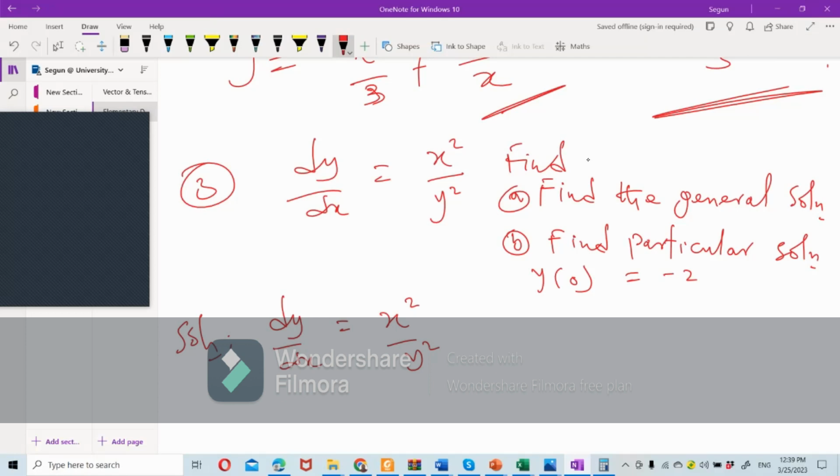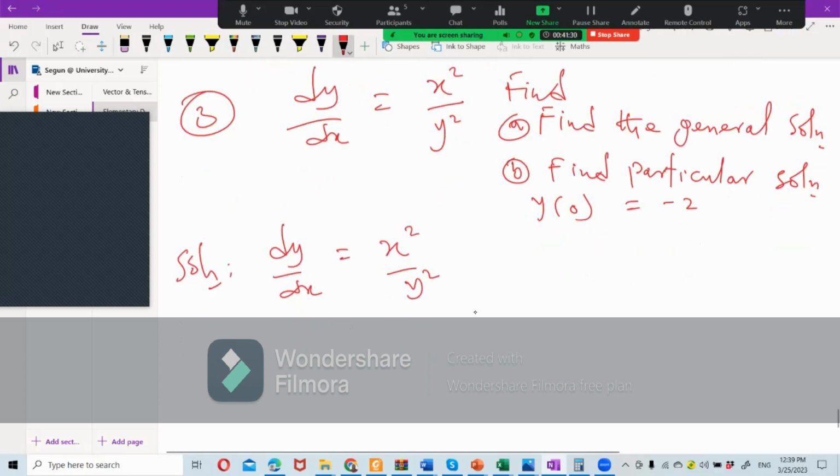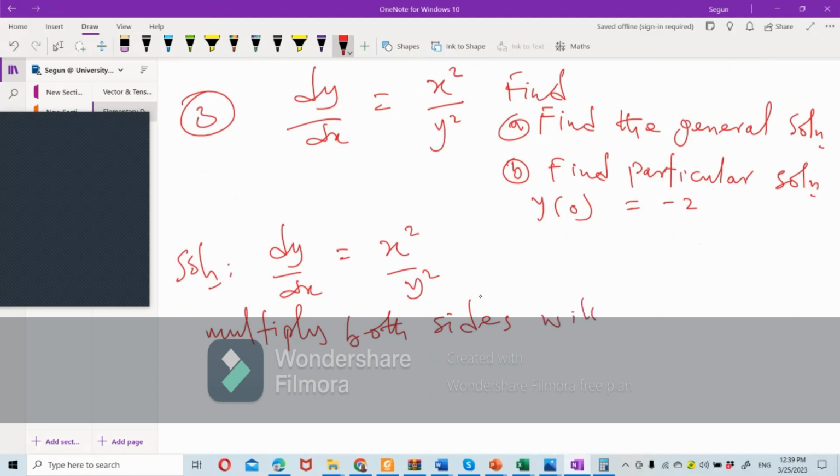So in this case, you need to multiply both sides by y squared dx.